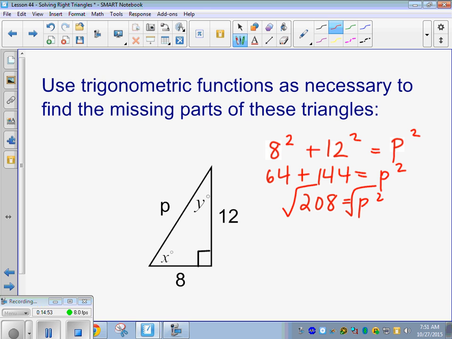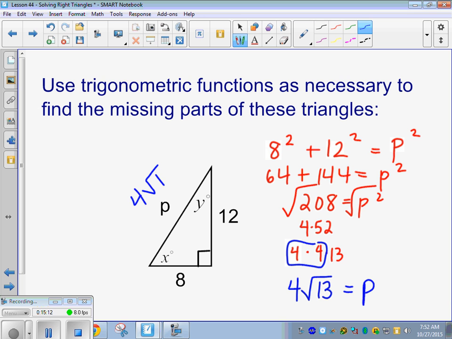So 4 goes into that 52 times, and then 4 goes into 52 13 times. So since I have the double 4, that comes out as 1 because the square root of 16 is 4. And so we get 4 root 13. If you used trig, you would definitely get the decimal answer of this, okay? So if you were going to use sine or cosine or tangent to find that, well, you'd have to use sine or cosine because it's the hypotenuse, okay?